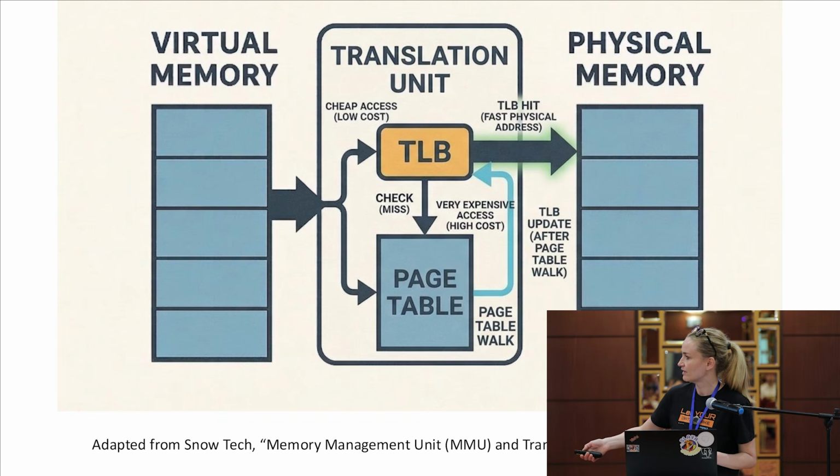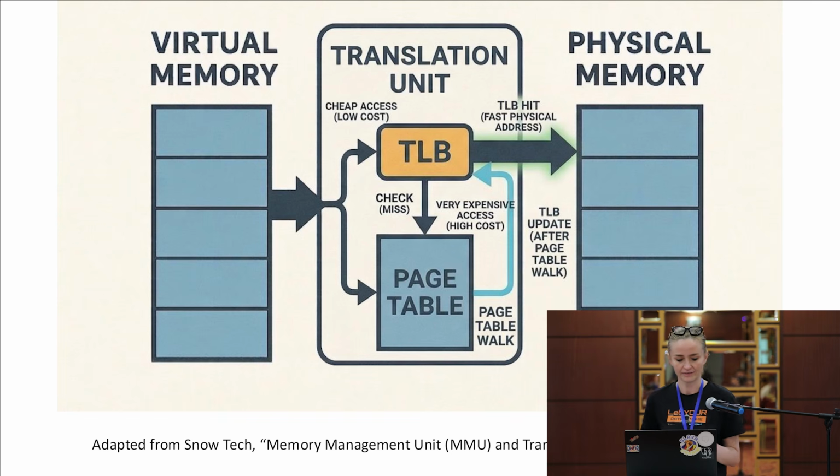But actually, if we would like to go to the page table for each and every memory access, that would be very expensive. So that's why the CPU has this very small and very fast cache, called TLB. And this is not transaction. I know that database people would like to say transaction. It's translation look-aside buffer, TLB, okay?